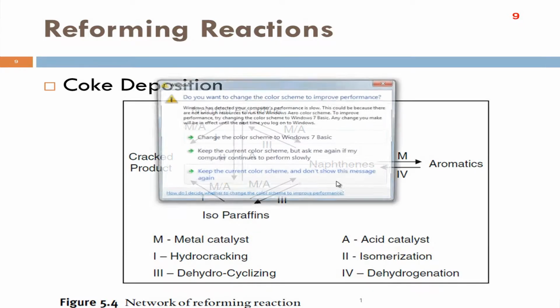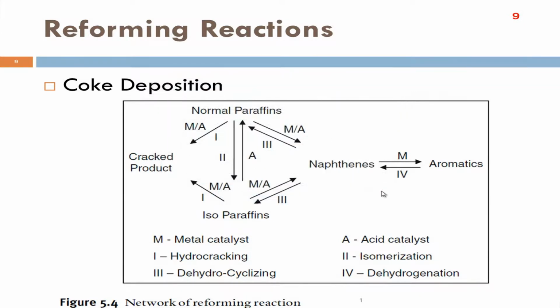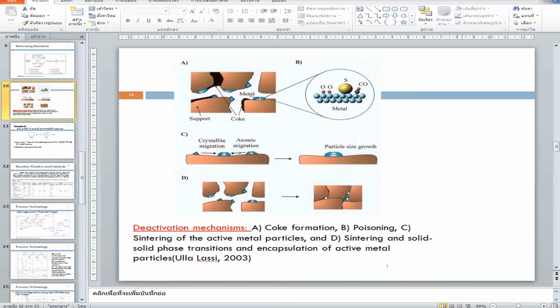This will produce coke, which can deposit on the catalyst surface. So when the active sites of the catalyst decrease, it will lower the reaction extent.